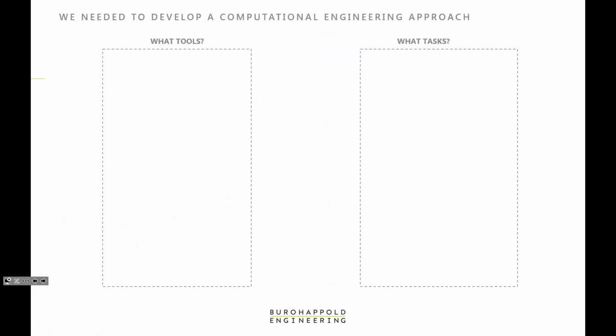So what we did was we worked out what tasks we would have to do at a very high level and what tools we would need in order to make that happen. So it needed to be parametric because we knew the architect was going to change this always. We had to create the geometry in order to do anything. We needed to make sure that bits of structure didn't clash with bits of architecture. We've got the design coordination to do.